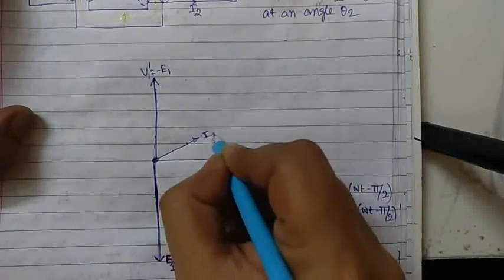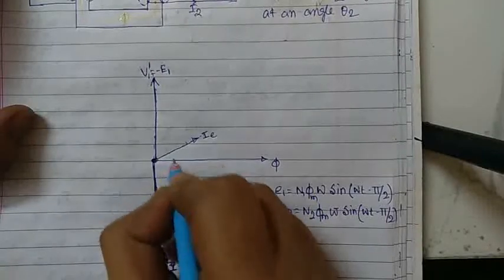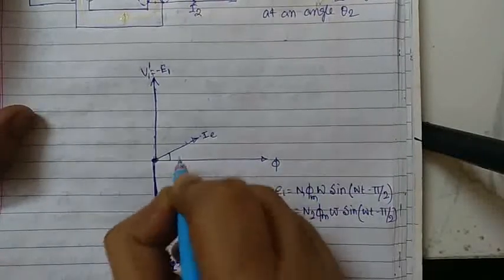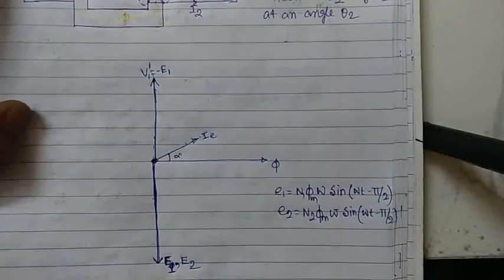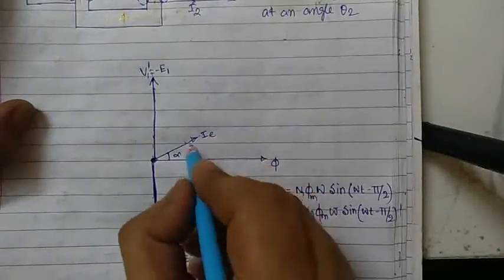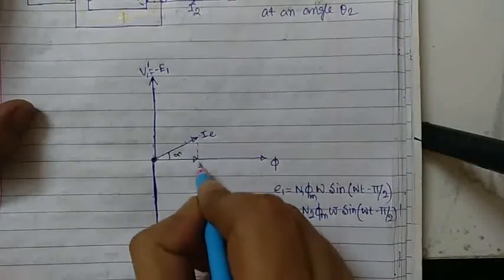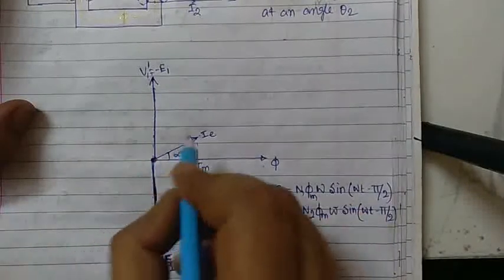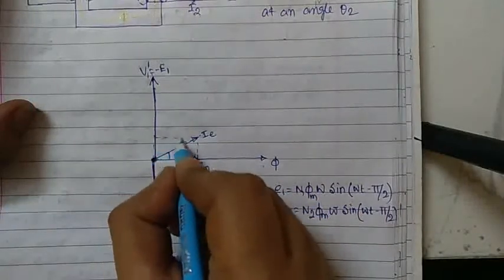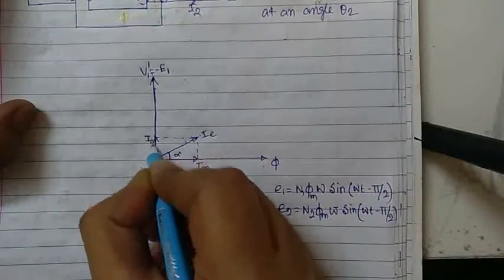This is your exciting current and flux; from the flux it leads at an angle alpha, the hysteretic angle. So this current has two components. One is the magnetizing component, which is in phase with flux, and another is the core component, which is in phase with V1 dash.